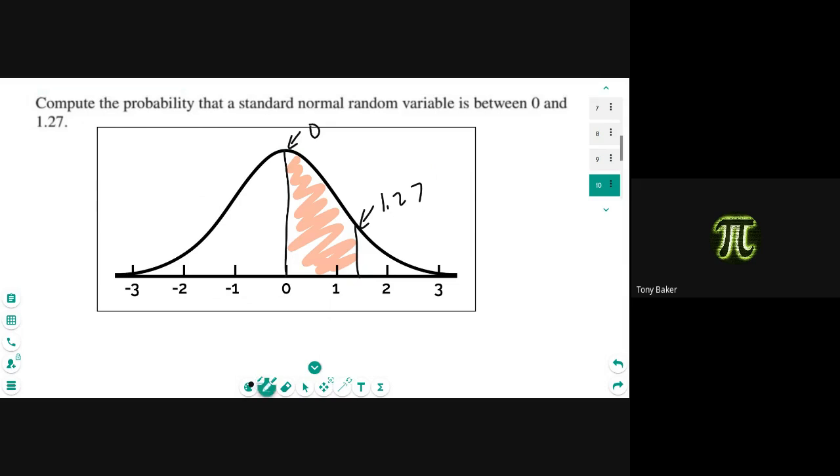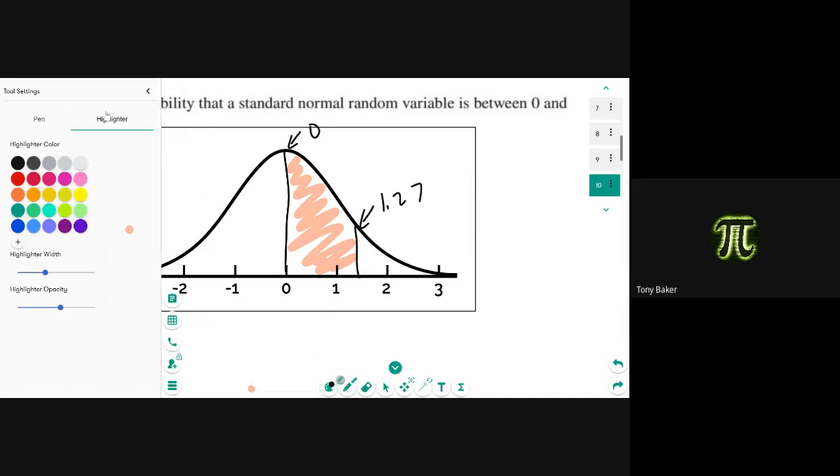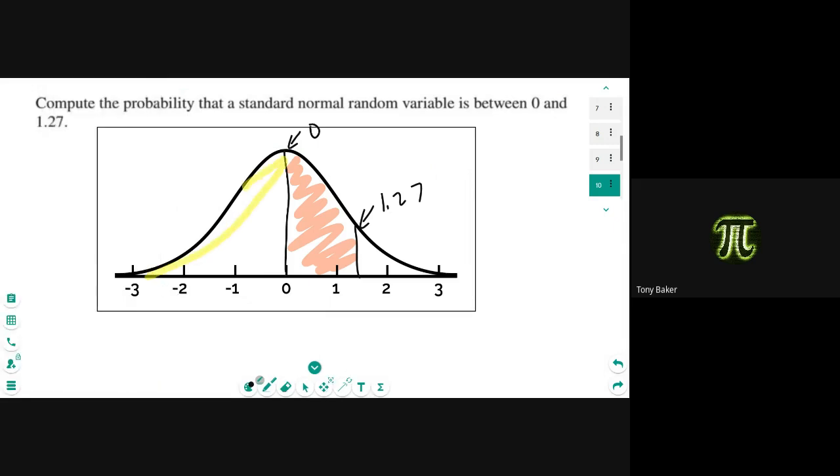So, how are we going to do this? 1.27. What do we say? 0.890. Yeah. Subtract that by 0.5. So we know that this whole thing was 0.8980, right?